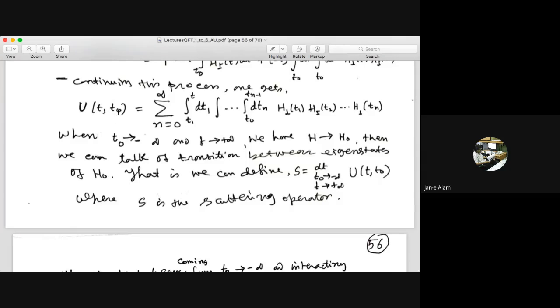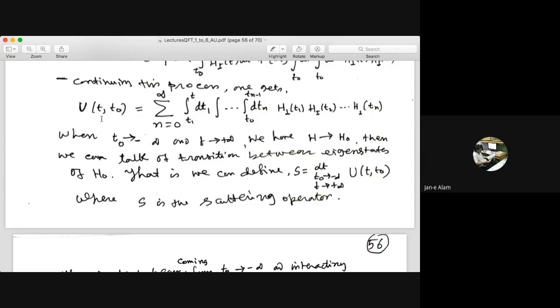Now suppose I take t naught to minus infinity, the remote past, and t to plus infinity, the far future. Then this U, in the limit of t naught tending to minus infinity and t tending to plus infinity, is nothing but the scattering matrix, because this tells me how the system evolves from the remote past, where the particle is free, to the far future, when the particle is again free, when it is getting detected through this interaction H_I.